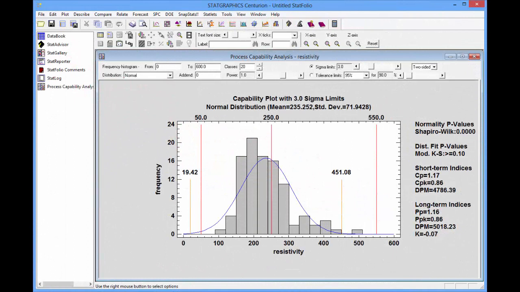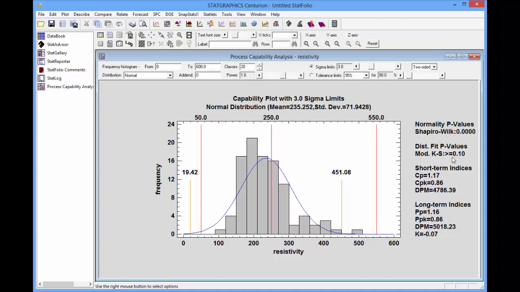You can see on the Statlet output that there's a p-value associated with each of the two tests. The p-value for the Shapiro-Wilk test is 0.0000. That's a very strong rejection of the idea that our data could have come from a normal distribution. The p-value for the Kolmogorov-Smirnov test is not an exact p-value.